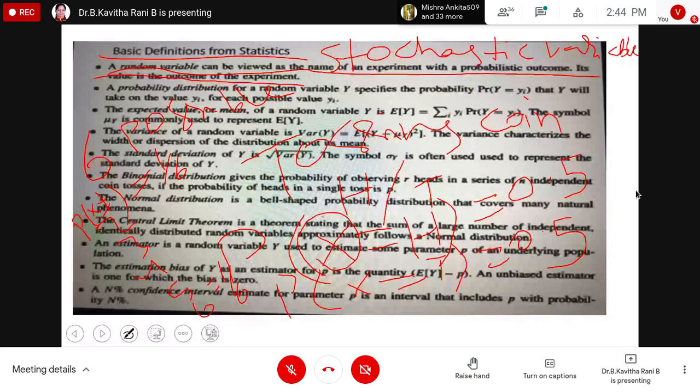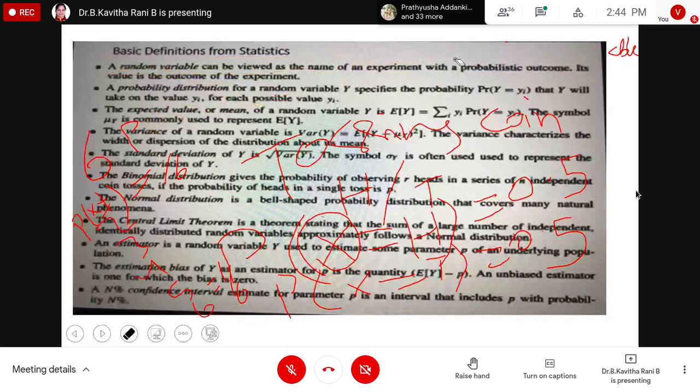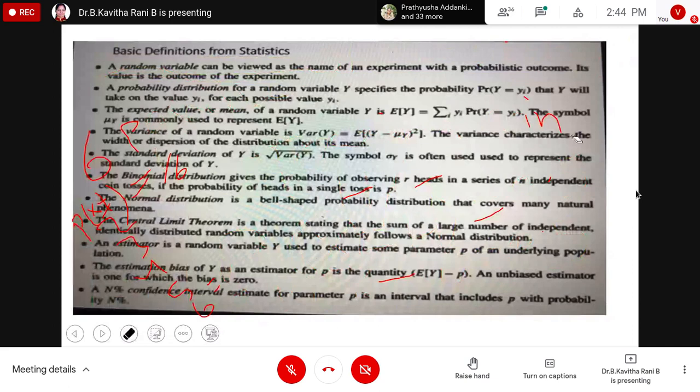And here one more example, that is heights of students.